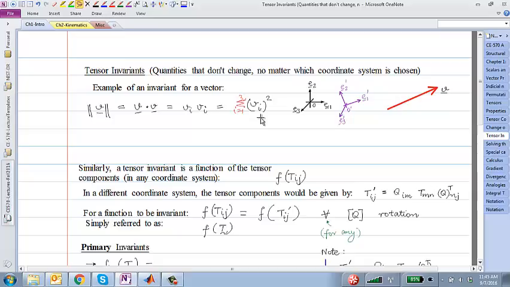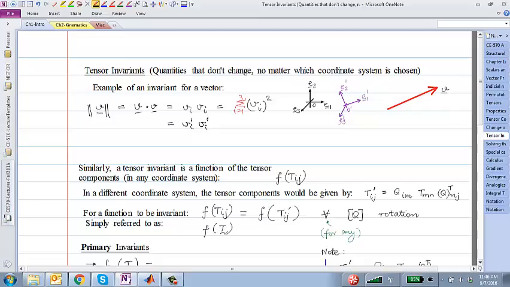Okay. So in one coordinate system, let's say in E1, E2, E3, I'm writing this as vi, vi. Indeed, that is the magnitude of the vector. And since this is an invariant, I can express the same magnitude as vi prime, vi prime.